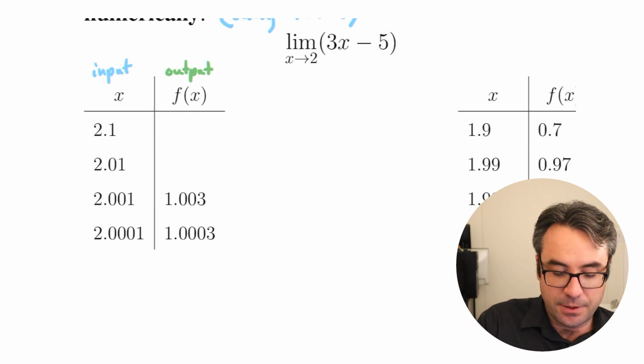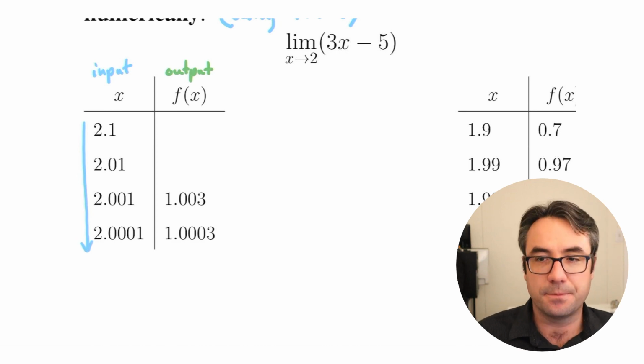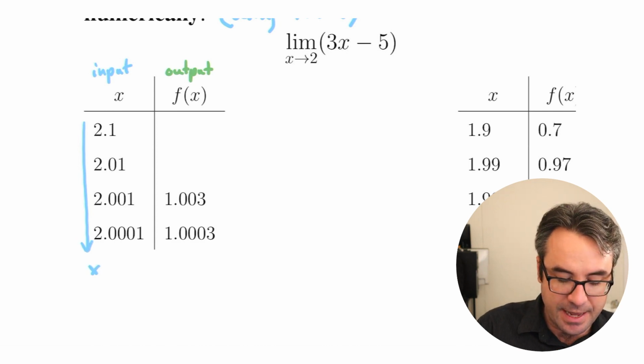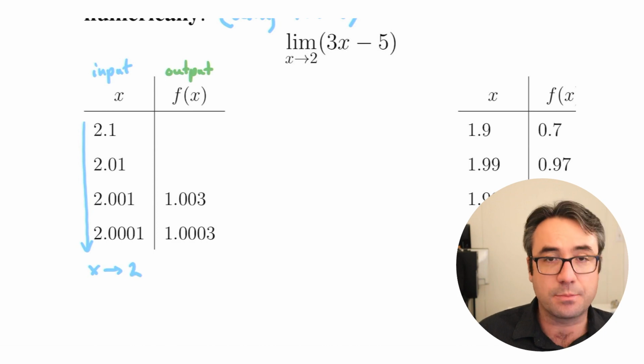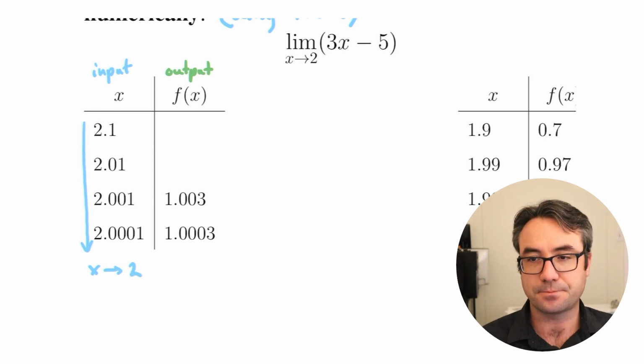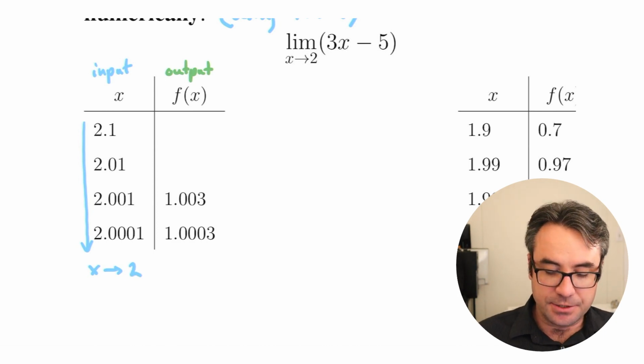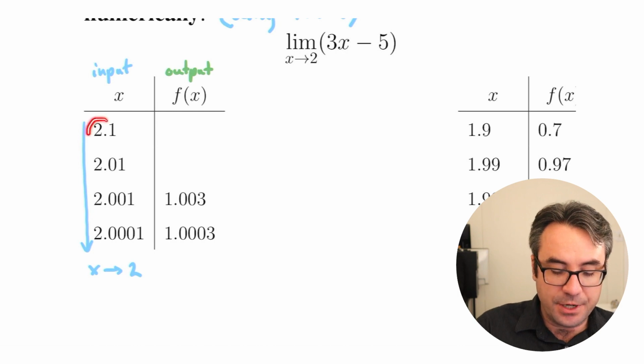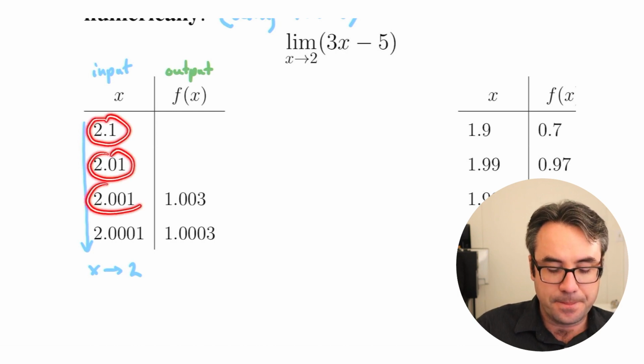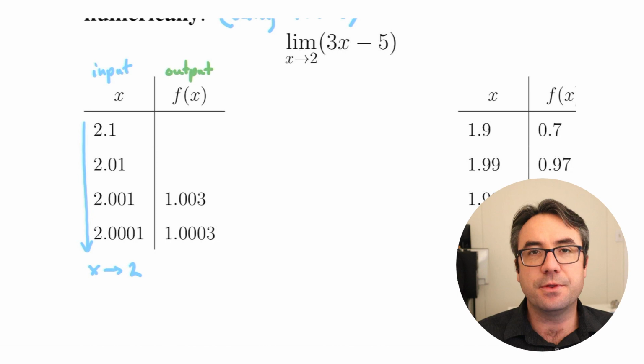So this shows that x, our inputs, are approaching 2. For each of these input values, we want to plug them into the function and see what output we get.